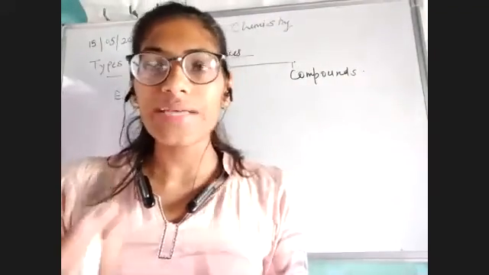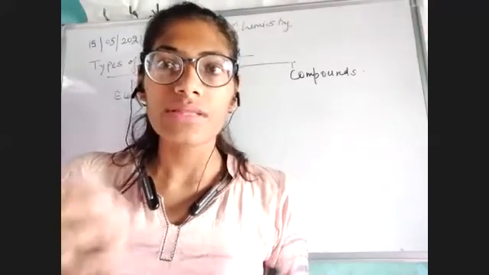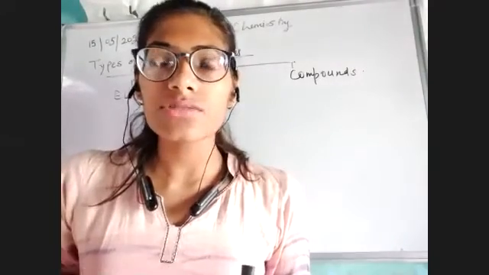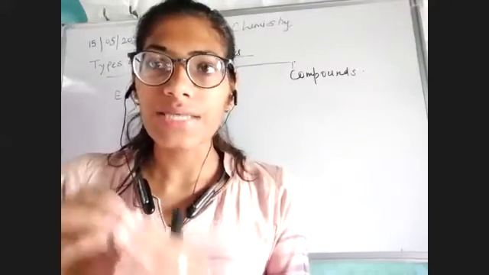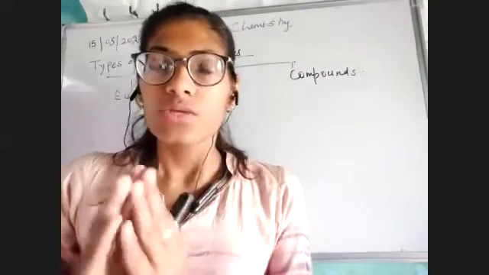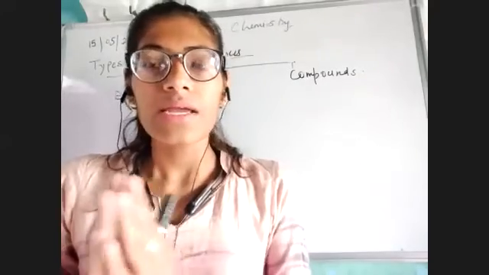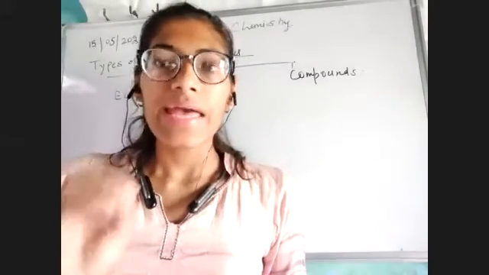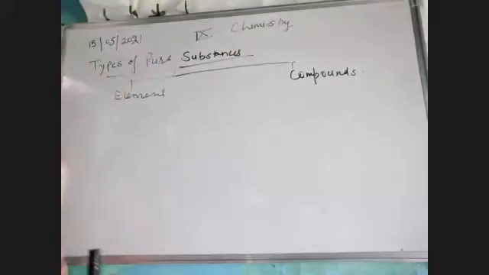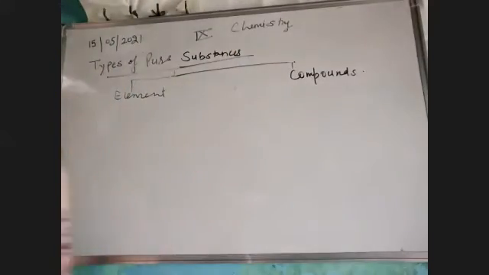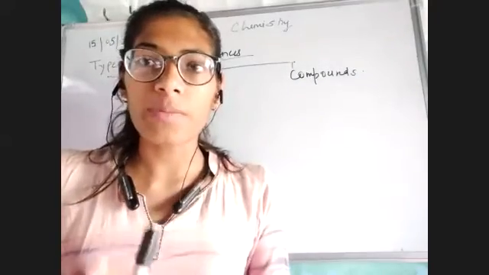So basically we need to define, on the basis of the composition, on the basis of constituent particles, what our pure substance can be divided into. We have just two different types of pure substances, element as well as compound.